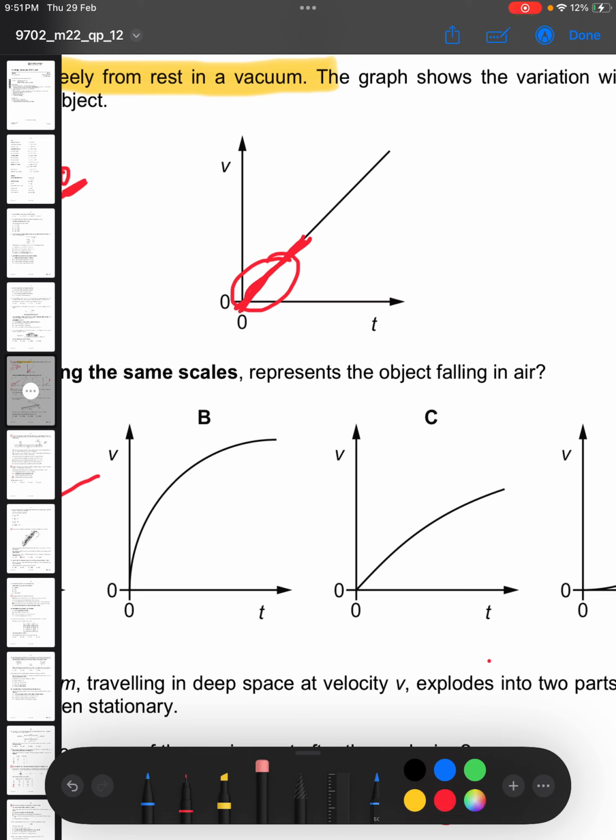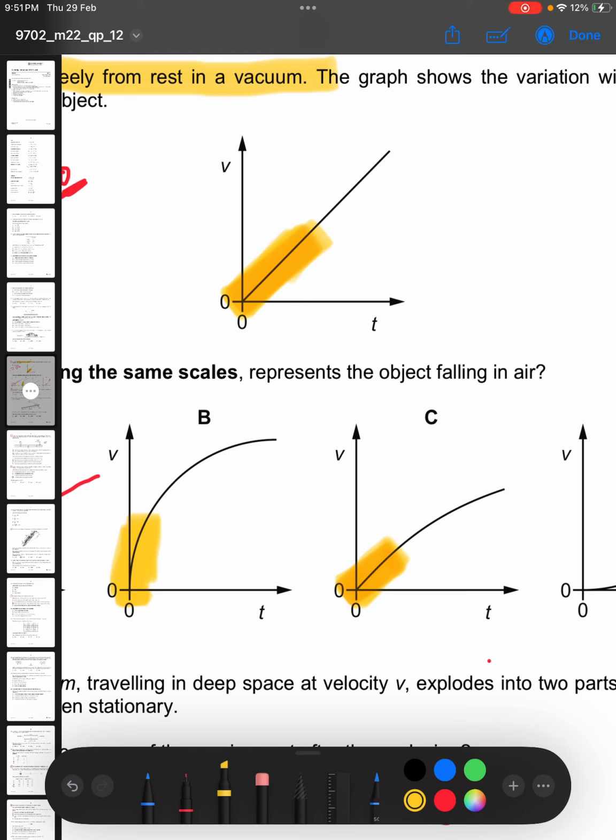That steepness. As you can see, this one is too steep compared to this one, while the steepness here corresponds with the steepness there, showing that our starting acceleration is 9.81.